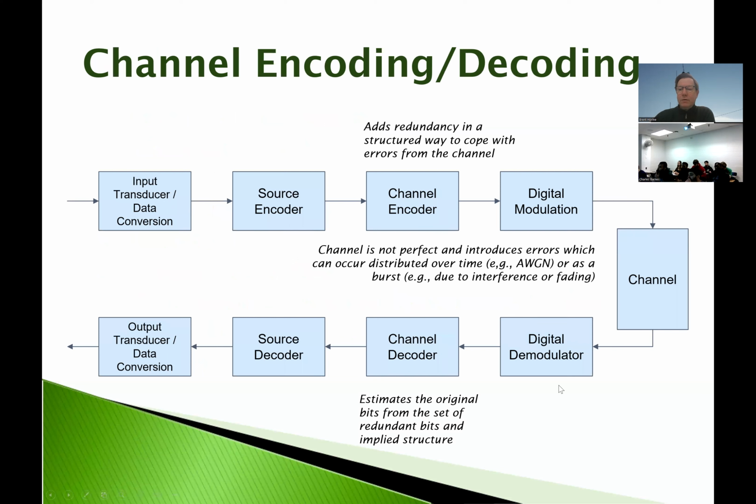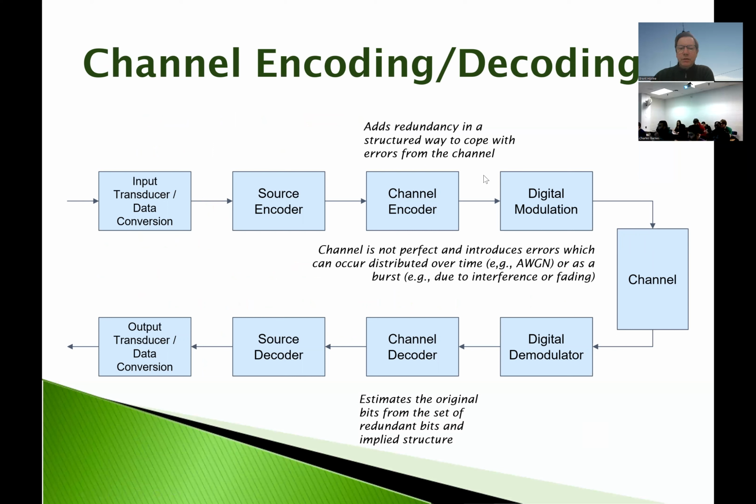So all right, what do we mean when we talk about channel encoding and decoding? As we looked at early in the course, this is our overall model. We're going to add redundancy in a structured way to be able to cope with errors from the channel.